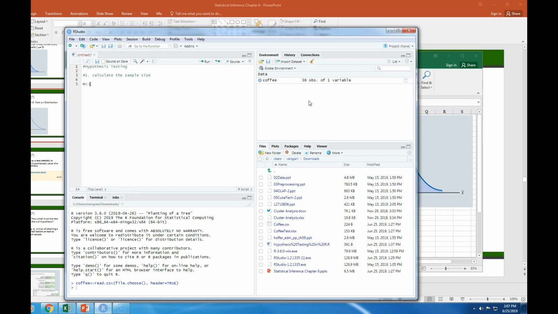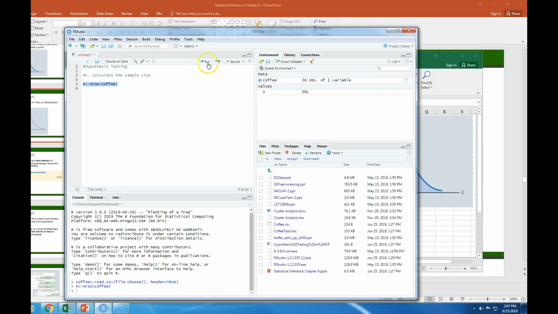So I'm calling this n, the sample size, and the way I can calculate it in R is if I count the number of rows in my data set. So I'll use the nrow function in R over my data set called coffee. And if I select this part and run it, it's going to tell me that n is in fact 36.